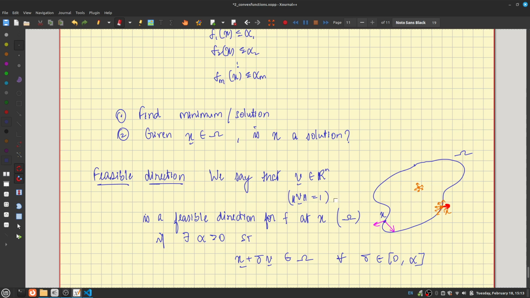We make a slight change since this has nothing really to do with f. Let's say that the feasible direction for omega at x.